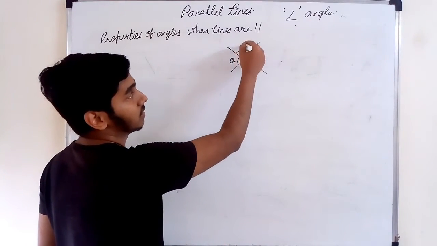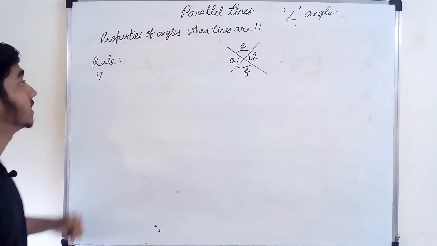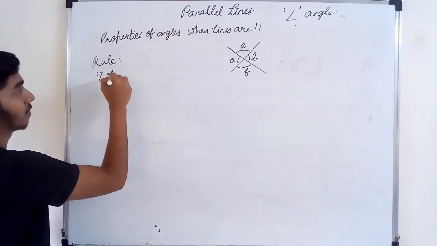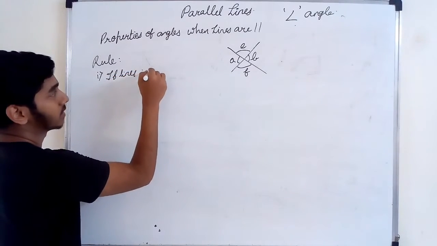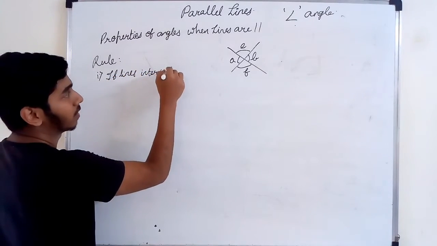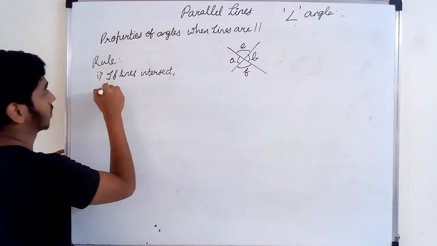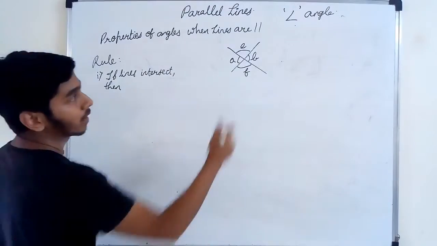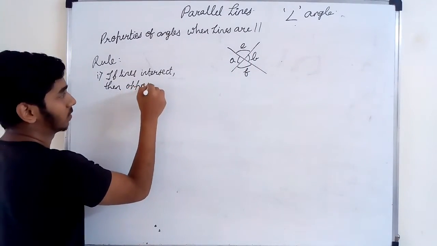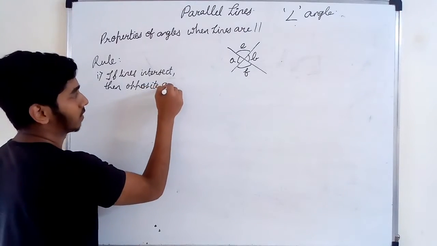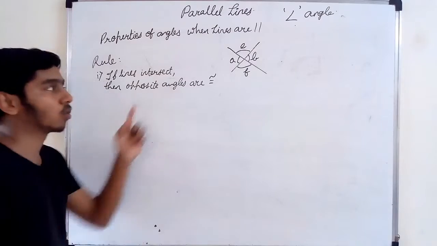Or if you say this E and F, so what we can say, if lines intersect, then opposite angles are congruent.